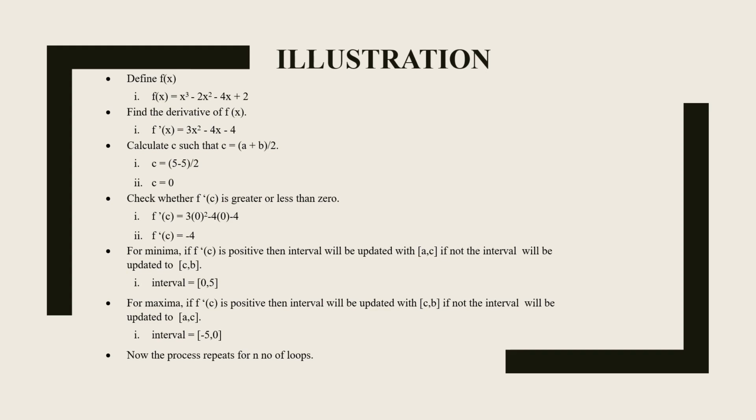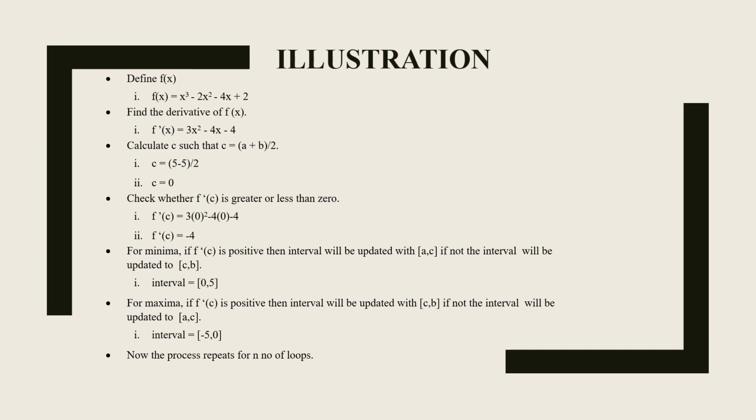Illustration. Now let us see how we solve the problem. First of all, define f of x. We have to take the given objective function and calculate its derivative. Then next we have to calculate c, which means the midpoint of the given interval. And we have to check whether the value is greater than 0 or less than 0 after substituting in the derivative of the objective function.